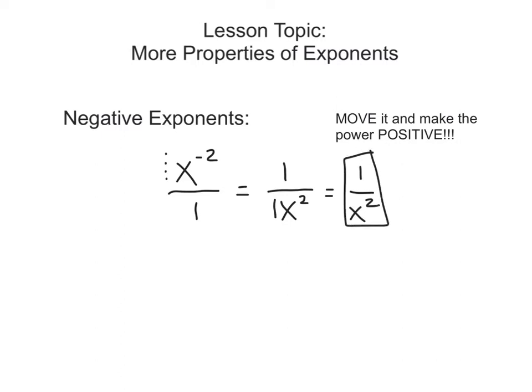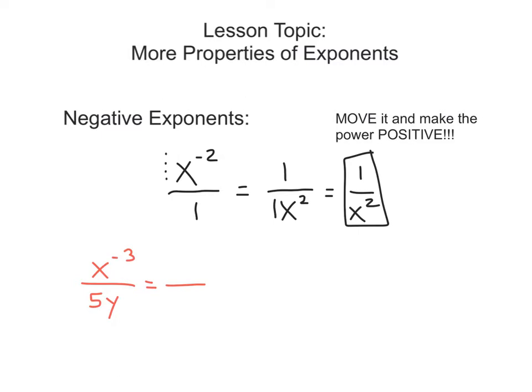Let's try a couple more of these before we look at some more complex examples. So let's say I have x to the negative 3 over 5y. Okay, we want to simplify this. Simplifying exponents means that we always need to write them without negative exponents. So here we go.